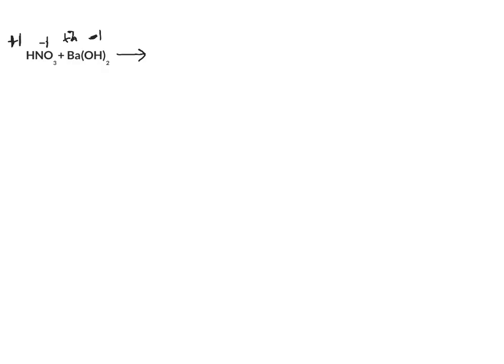So we have water as one of the products. And then the barium, a cation, will pair up with the nitrate, the anion, since opposites attract.